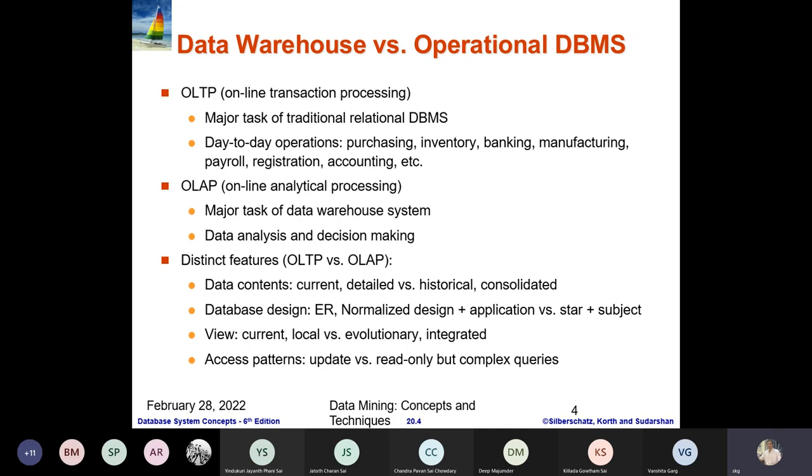So normalization, as you have read or are reading in that theory course, plus different applications based on that, whereas here we have different types of other schemas like star schema, which are more subject oriented. We'll see when we go on discussing. Again, with respect to view, that is current view, local versus evolutionary view, integrated view of the things, and access pattern.